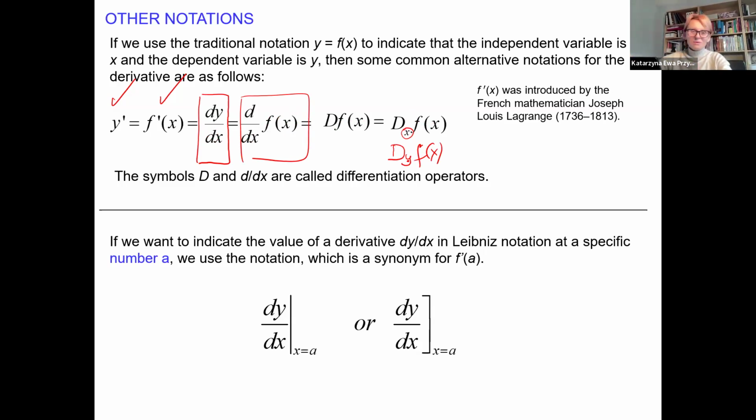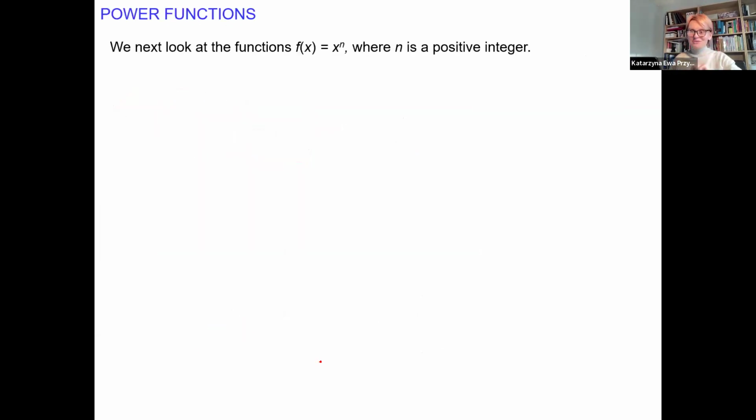They exist, I want you to know, but we will probably be using y prime, f prime, and dy dx a lot. And if we have to calculate at a certain value, we will say f prime at a. For this notation, we will just indicate the value a here. Okay, and now the formula.